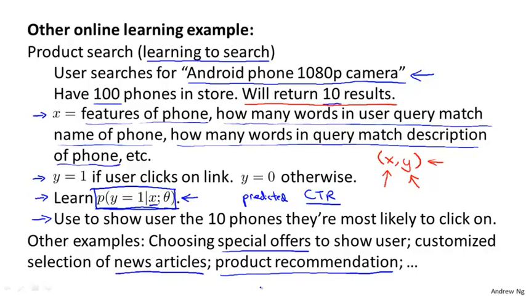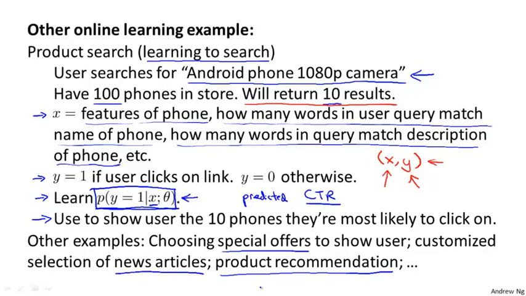So that was the online learning setting, and as we saw, the algorithm that we applied to it is really very similar to the stochastic gradient descent algorithm, only instead of scanning through a fixed training set, we're getting one example from the users, learning from that example, then discarding it and moving on. And if you have a continuous stream of data for some application, this sort of algorithm may be well worth considering.